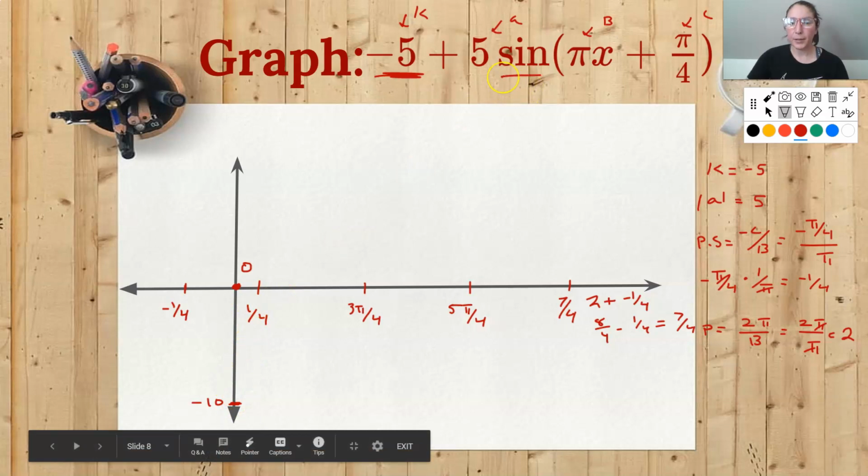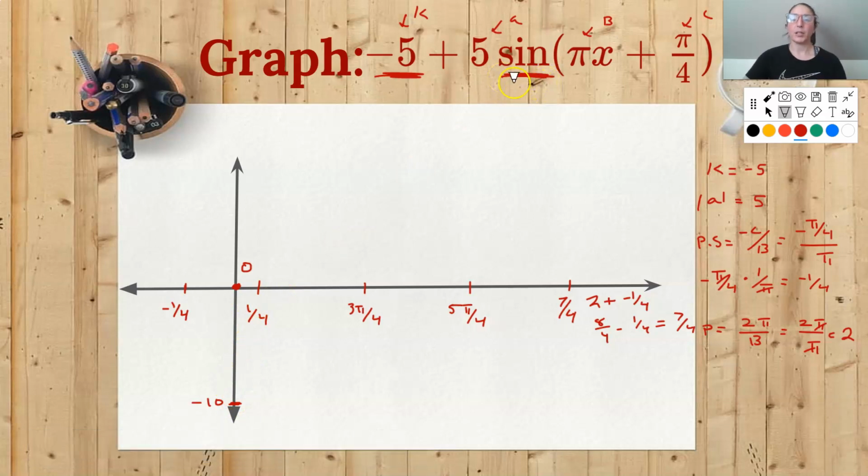Okay, I have a sine function. So sine goes 0, 1, 0, negative 1, 0, except I have my amplitude, so I would be going 0, 5, 0, negative 5, 0. And now I enact my k, so I'm subtracting 5 from everybody.